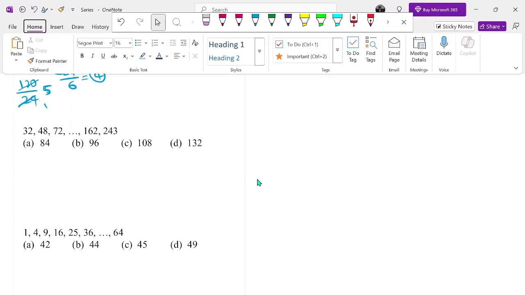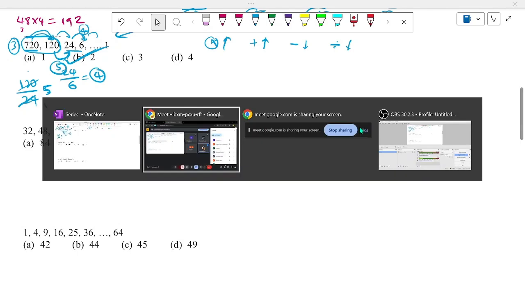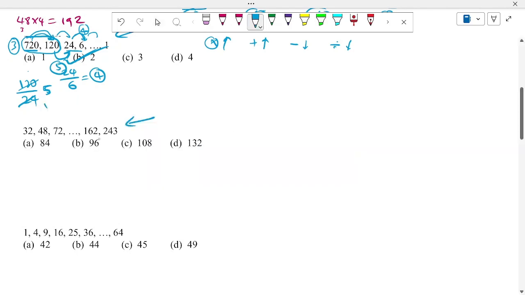Okay, we'll go for the next one. Try to answer this question. Tell me the answer. You see, try to analyze. I am feeling that it may be a gradual increment. It is an increment, so it will be plus or multiplication. Okay.